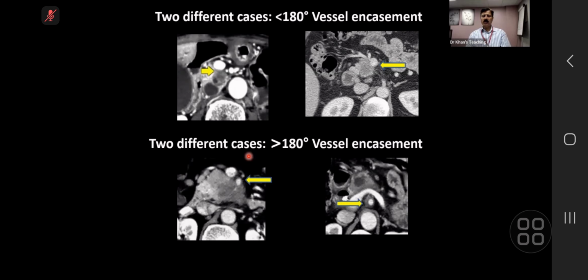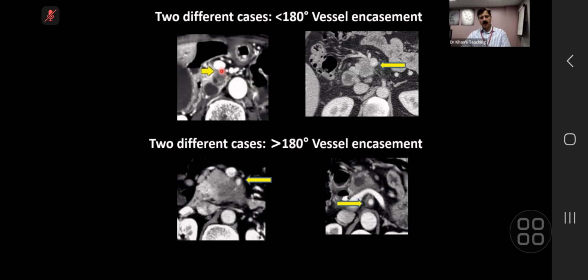Please remember that we also learned criteria in carcinoma of the esophagus vis-a-vis the descending aorta, and there the criteria was different. Interface more than 90 degree was abnormal, or positive. Between 45 and 90 was a gray area. Less than 45 was fine. But here we take 180 degree.